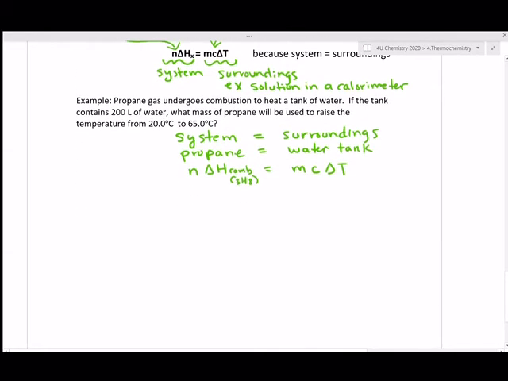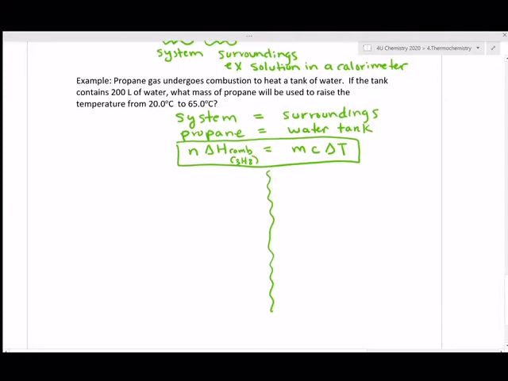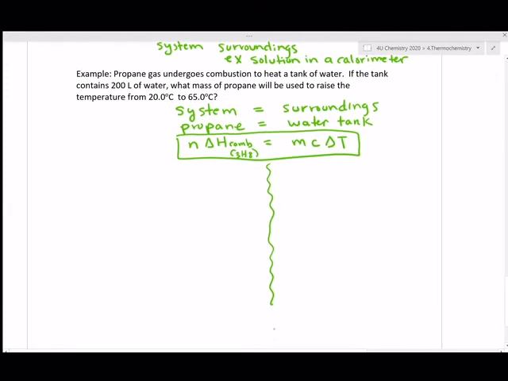Now, I would highly suggest always setting up a question like this, and then literally keeping your various pieces of information organized on both sides of this equation, and then eventually you'll actually solve the equation. So anything to do with the water needs to go over here. Anything to do with the propane is going to go over here.